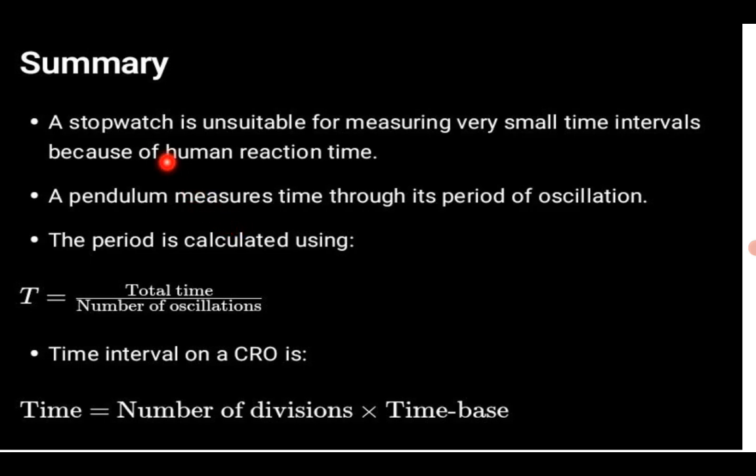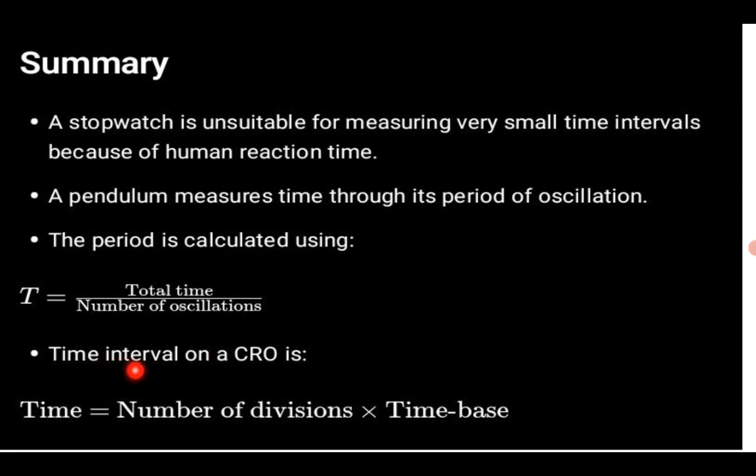So in summary, we are saying a stopwatch is unsuitable for measuring very small time intervals because of human reaction time, which is 0.2 seconds. A pendulum measures time through its period of oscillation, and the period of a pendulum can be calculated using the formula: period equals total time taken divided by the number of oscillations.